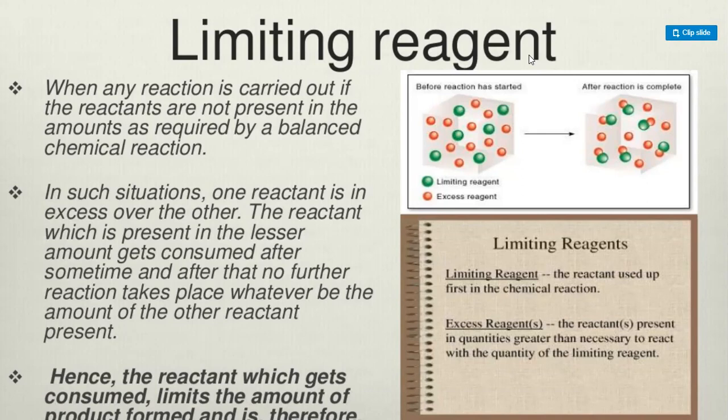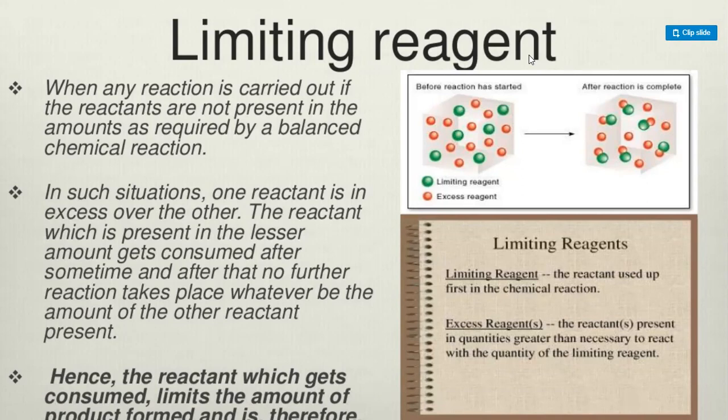So what happens when we perform a reaction? One among all the reactants limits the reaction, and after a period of time it will vanish, and the reaction ultimately stops. So that is the limiting reagent. Hence, the reactant which gets consumed limits the amount of product formed and is therefore known as the limiting reagent.